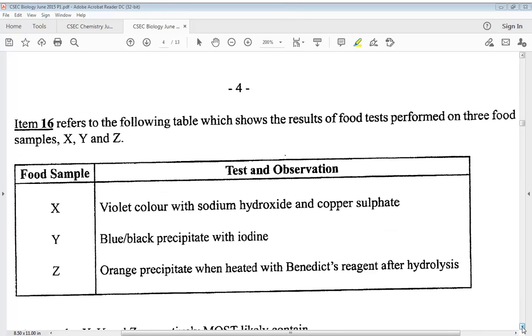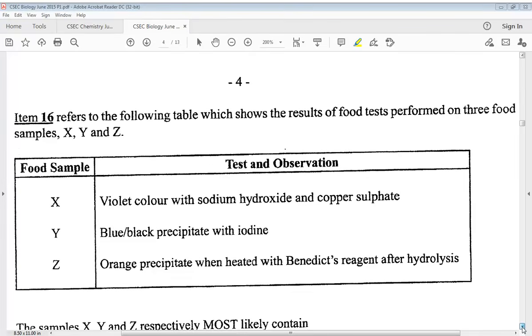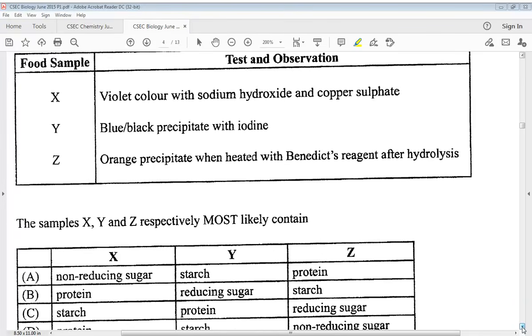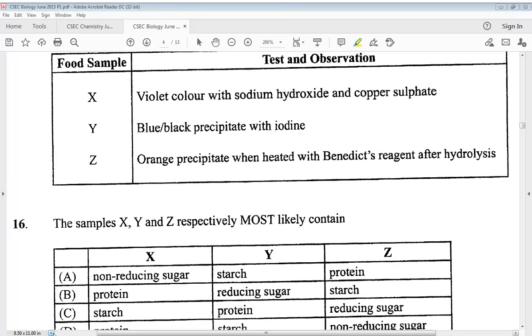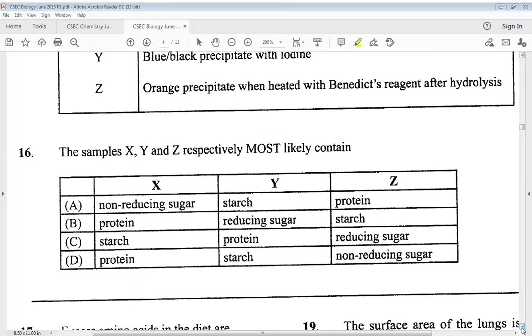Z, orange precipitate when heated with Benedict's reagent after hydrolysis. So the samples X, Y, and Z respectively most likely contain... So the answer for 16 is D. X, protein, Y, starch, Z, non-reducing sugar.